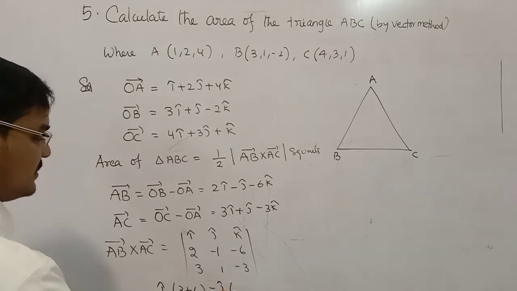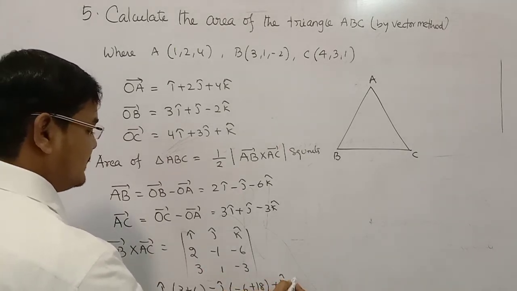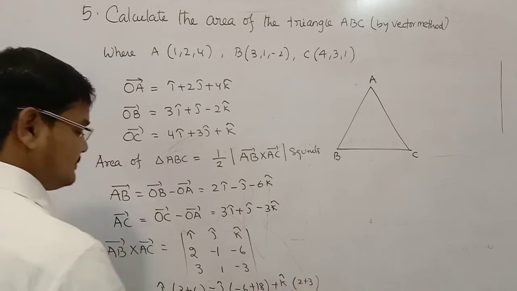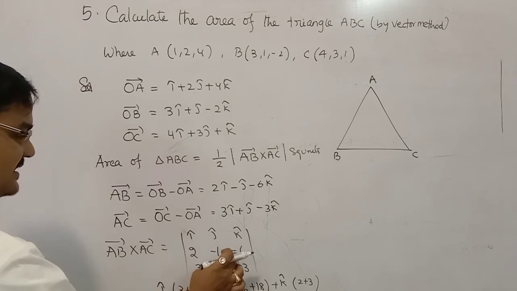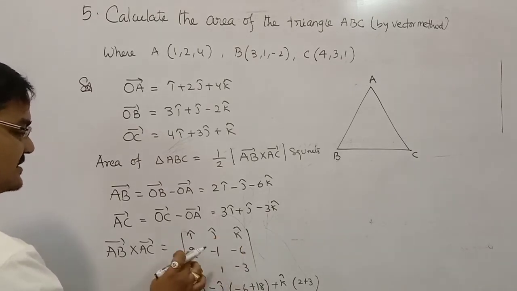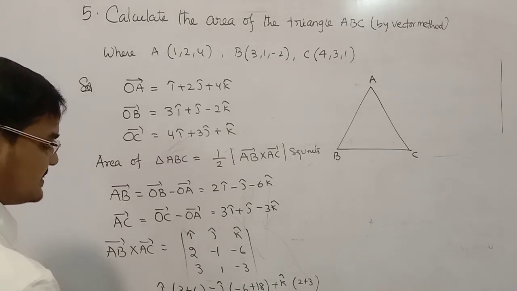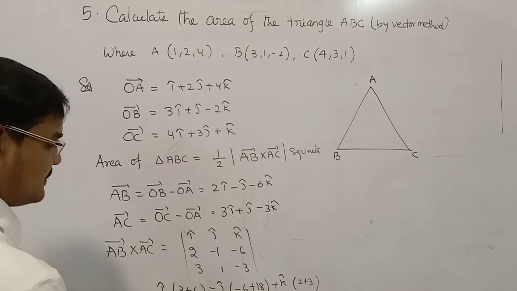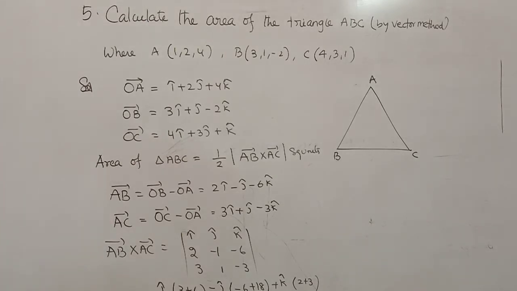Minus j into minus 6 plus 18, plus k cap into 2 plus 3. Again, repeat: i means 3 plus 6, j means minus 6 plus 18, k means 2 plus 3, that is 9i cap minus 12j cap plus 5k cap. This is AB bar cross AC bar.